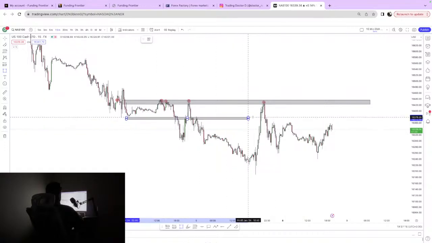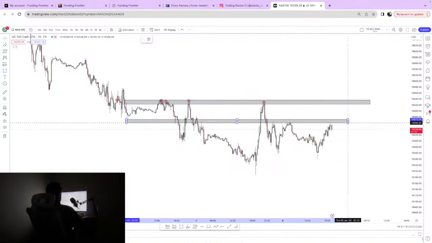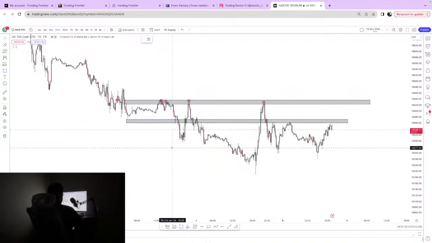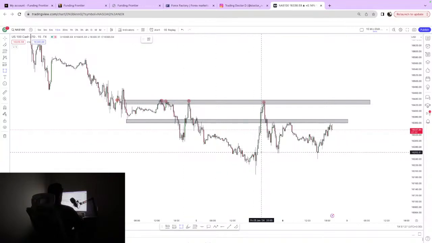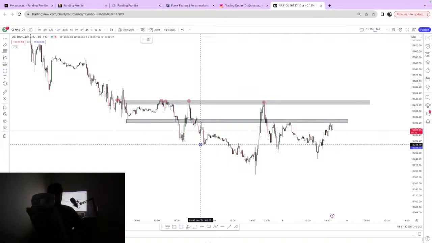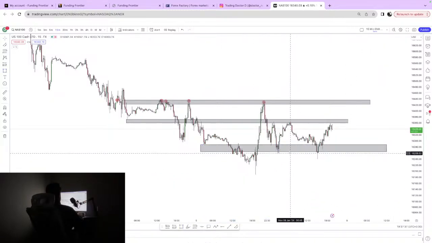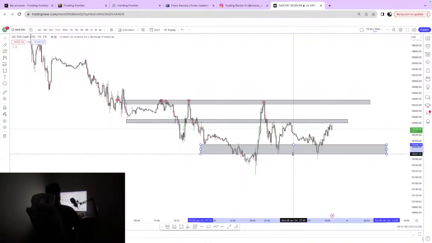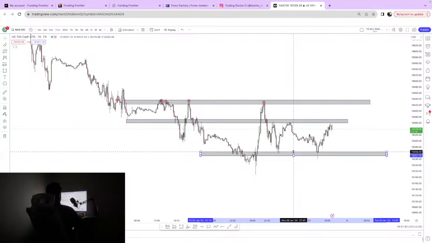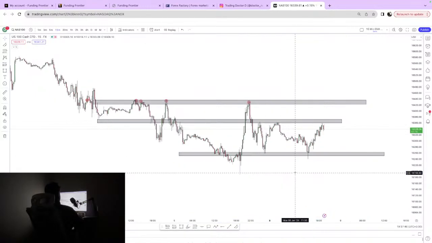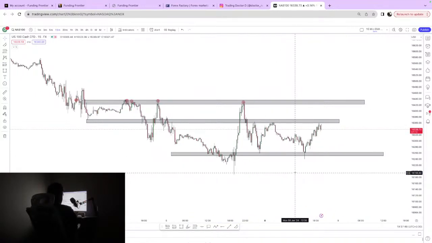Now let's draw one bearish level. It's kind of a zone here. You can't say a particular level, but it's a zone. Still, I think we should focus on what the market has recently respected, and recently it has respected this level. Great.